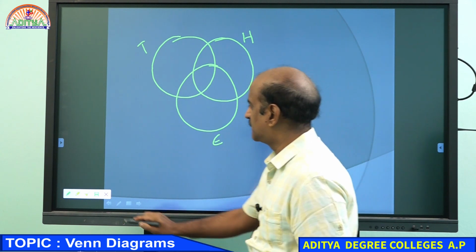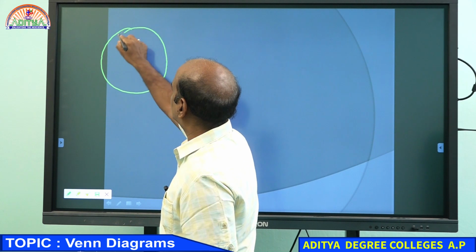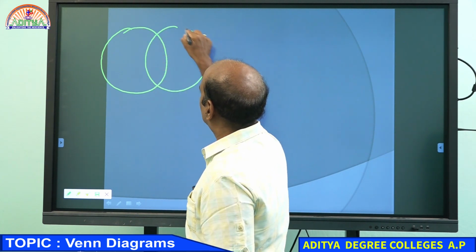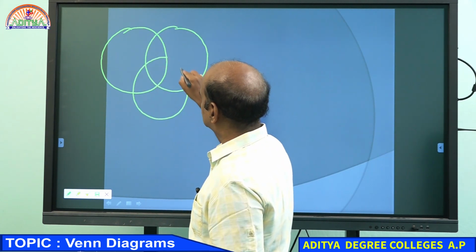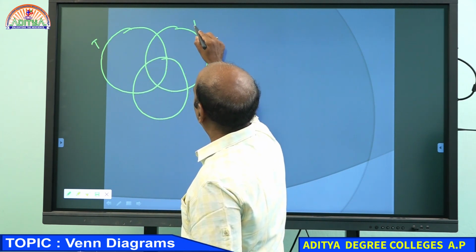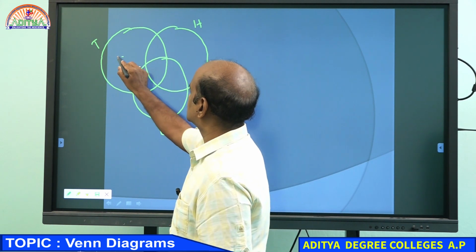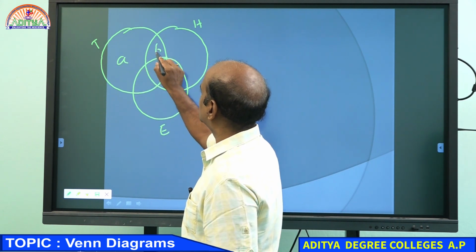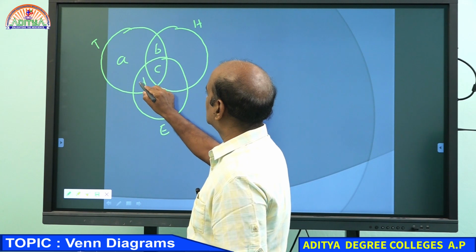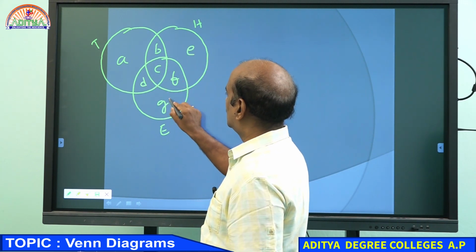Student, I want to give you a diagram having 3 different subjects. Let me get to some complicated questions, because so far we have discussed simple techniques. Telugu, Hindi and English. Let me suppose this is A, this is B, C, D, E, F and G.